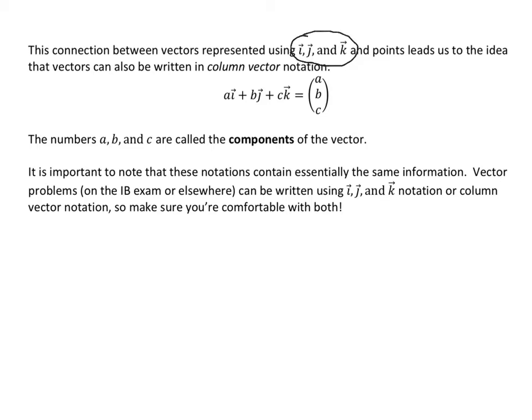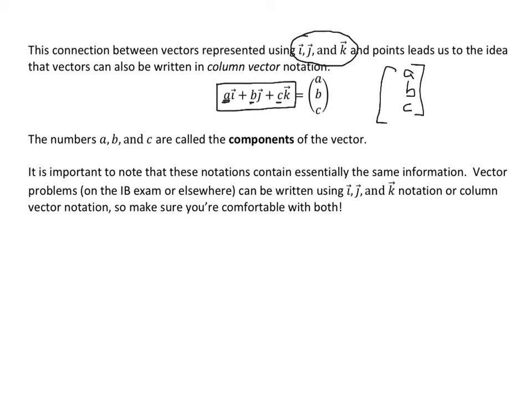So the connection between vectors that you can represent using these ijk basis vectors and points leads us to the idea that vectors could also be written in a column vector notation. Where previously we might have called something ai plus bj plus ck, we can now write that by taking the components a, b, and c and writing them as a column. So a tall thing: a, b, c. And you can either use square brackets or parentheses.